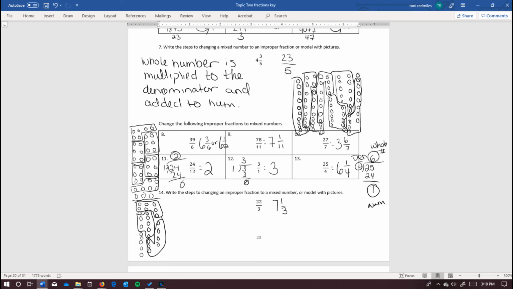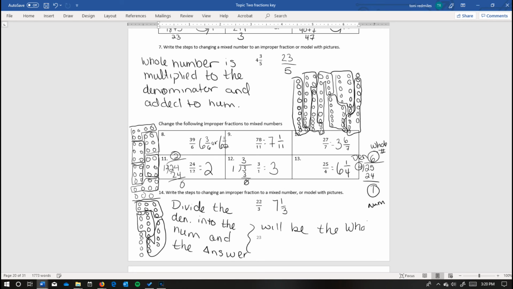As long as you put in there, you must divide the denominator into the numerator, and the answer will be the whole number, the remainder, over the denominator will be the fraction.